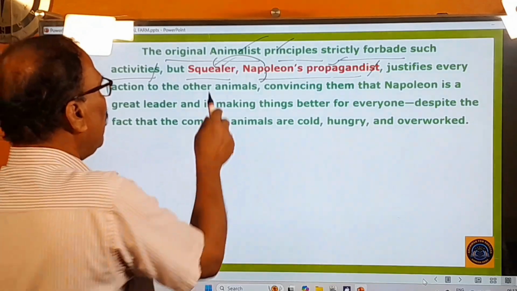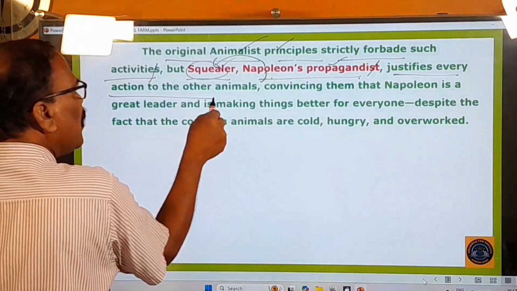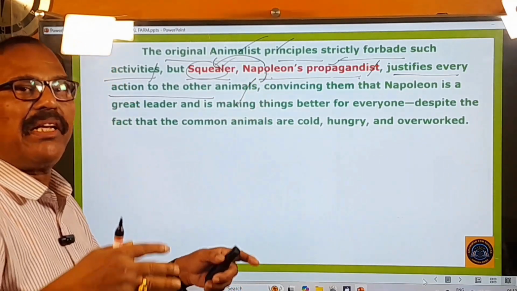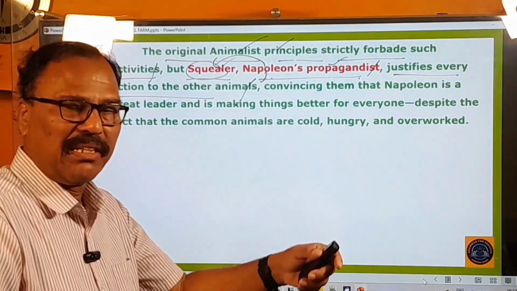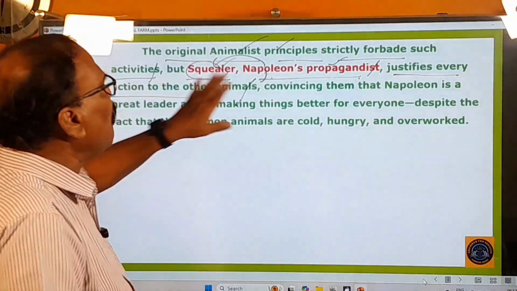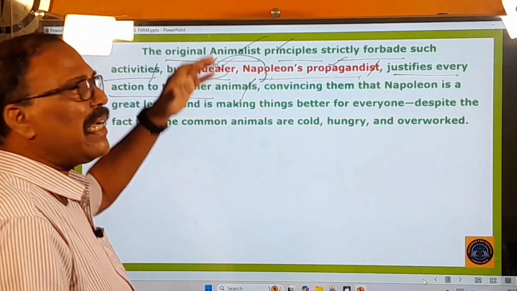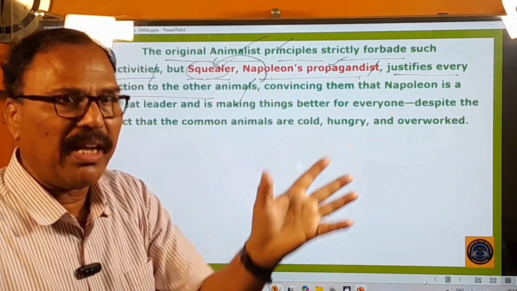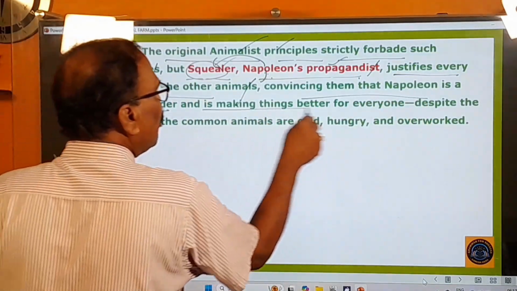And Squealer, Napoleon's propagandist, justifies every action to the other animals. Whatever Napoleon does, he will say Napoleon is right in doing that. Every action of Napoleon is supported by Squealer, and that supporting message is spread to other animals, convincing them that Napoleon is a great leader and is making things better for everyone.